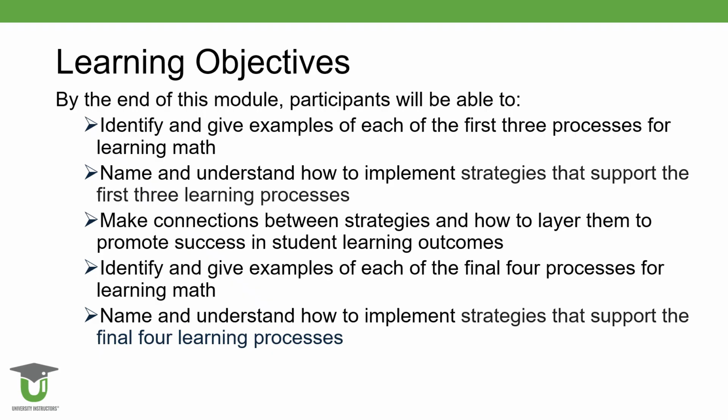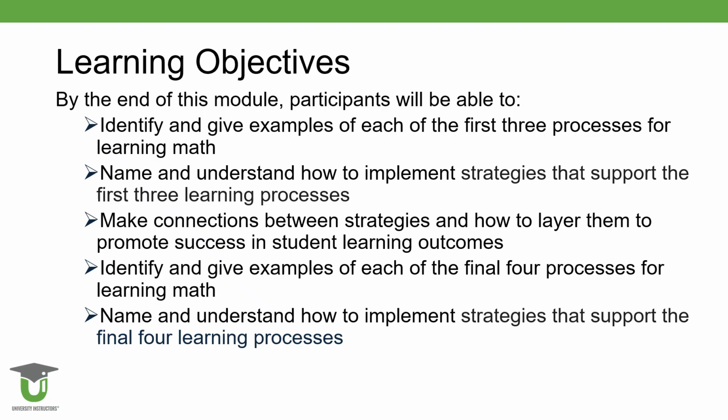Here are today's objectives. By the end of this module, participants will be able to identify and give examples of each of the first 3 processes for learning math. Name and understand how to implement strategies that support the first 3 learning processes.